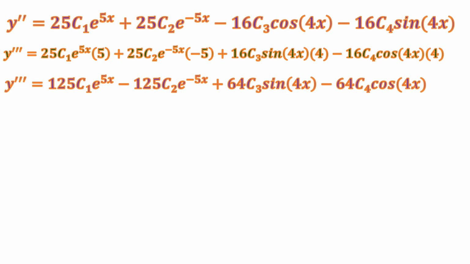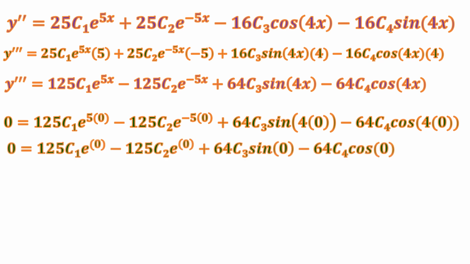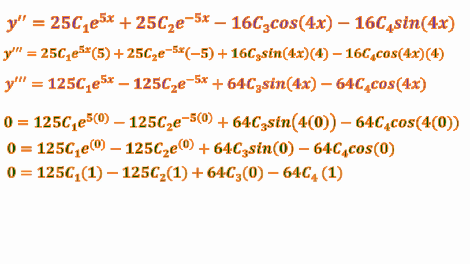And then we're going to substitute based on the given. If x is 0, then the y triple prime is 0. So we substitute, and every number multiplied by 0 becomes 0. So 5 times 0 is 0, and so on. Then e raised to the 0 becomes 1, sine of 0 is 0, cosine of 0 is 1.